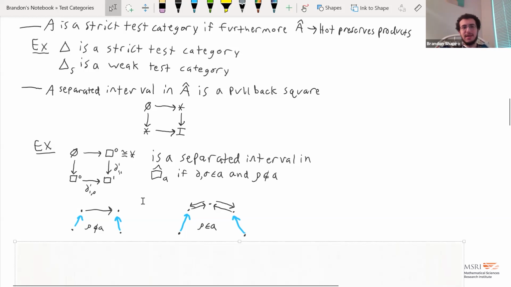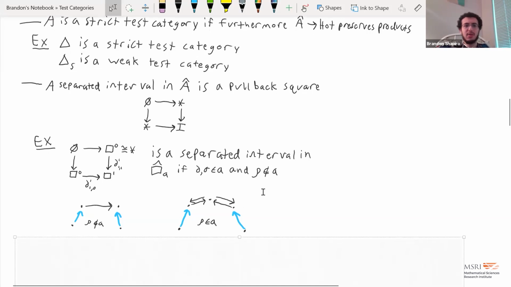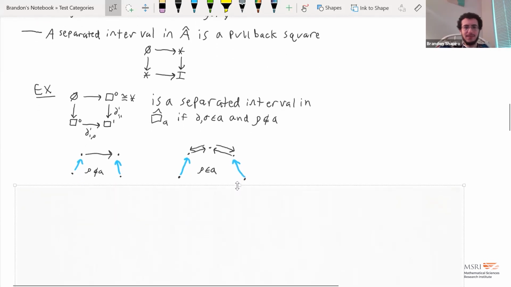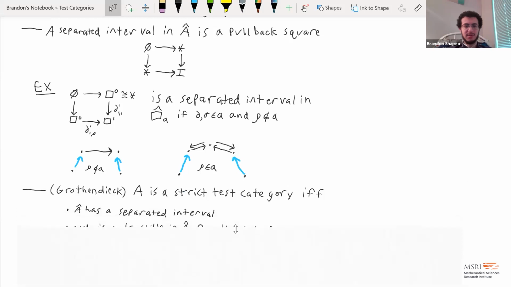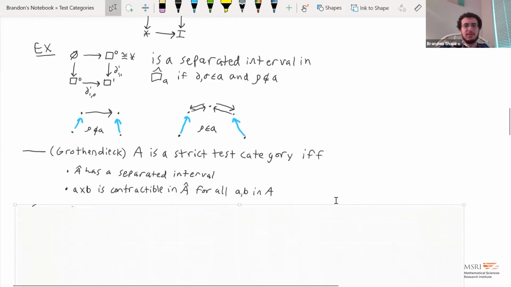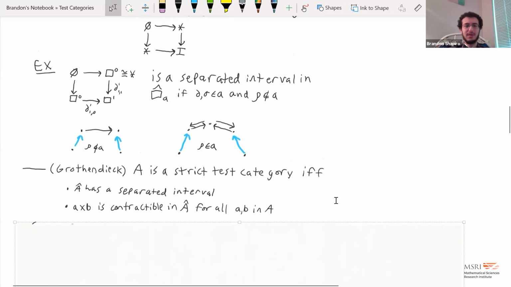So intervals are nice, and they behave kind of like what we expect, though so far they've been defined very generally. And oftentimes we're going to want to impose extra conditions on that interval. And the first reason that I bring them up is because strict test categories can be described as categories A where presheaves over A have a separated interval and A cross B is contractible.